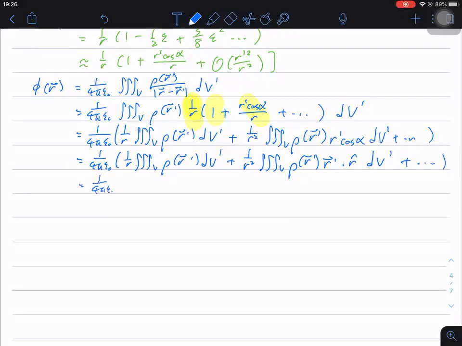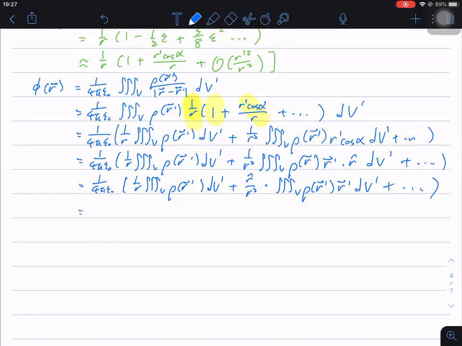And again, r hat is constant to the integration, so we can move r hat outside the integration. And remember, r hat is a vector, and the outcome of the integration is also a vector because we have the vector r prime inside the integration. So you shouldn't miss the dot product between the integration and r hat.